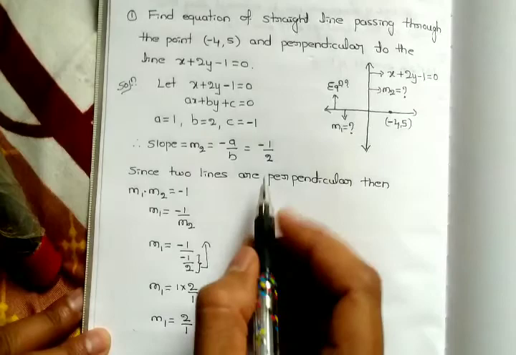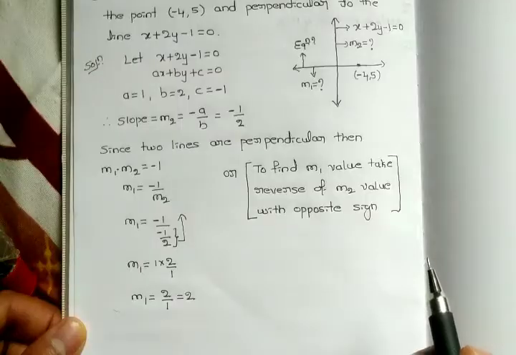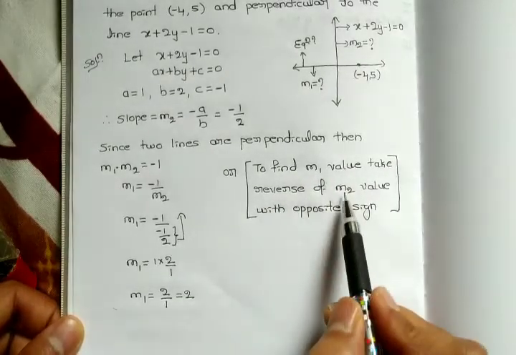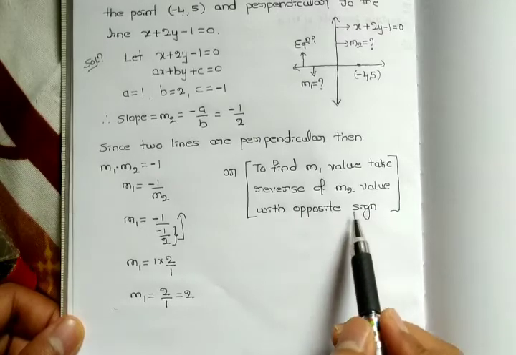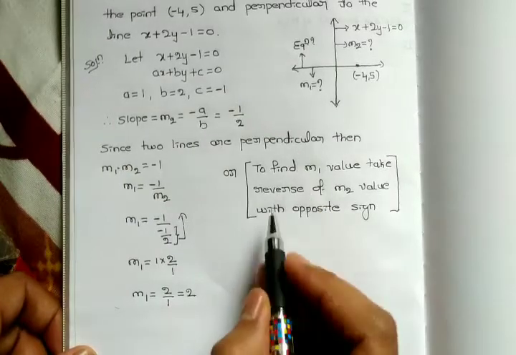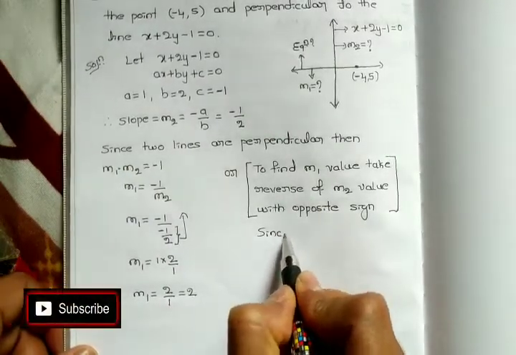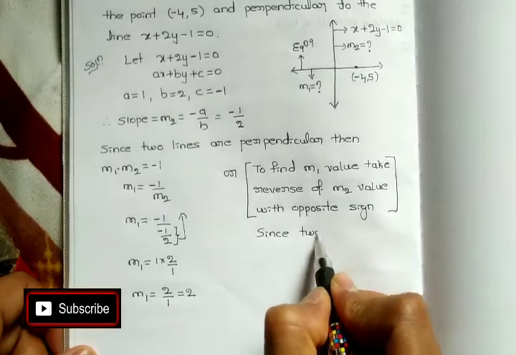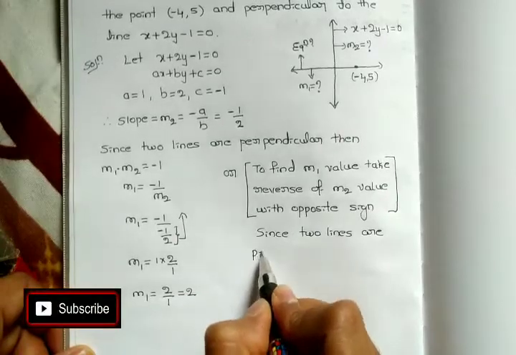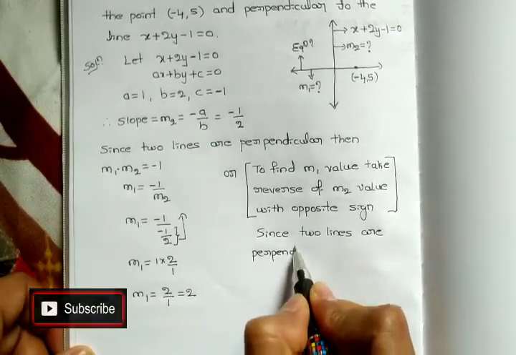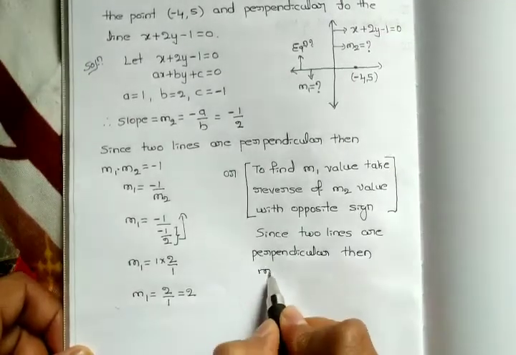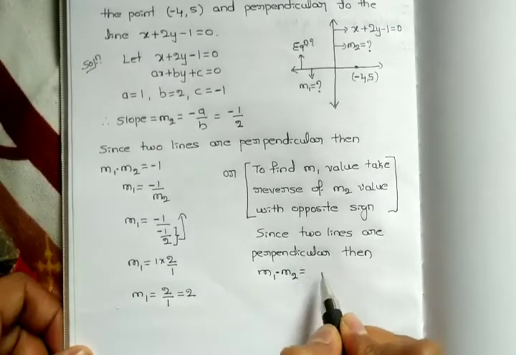Otherwise you can use one more method: to find the m1 value, take the reverse of the m2 value with the opposite sign. First write this condition: since two lines are perpendicular, then m1 into m2 is equal to -1.